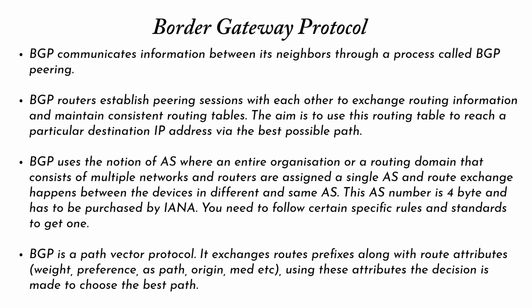Now let's say you are part of a local area network, but you are not a big organization able to afford an autonomous system, right? So what happens in that case? Let's say you're living in an apartment which has about 200 houses, or you're living in a society, and your internet provider is Airtel or Verizon or AT&T.